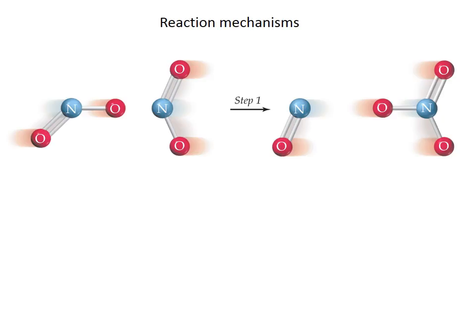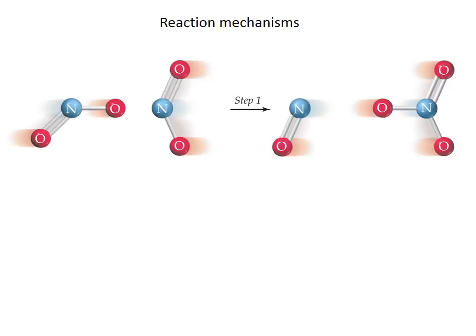So reaction mechanisms, what that means is that many reactions have steps, and the mechanism describes the physical molecules that collide with each other in reality in each step of a reaction.